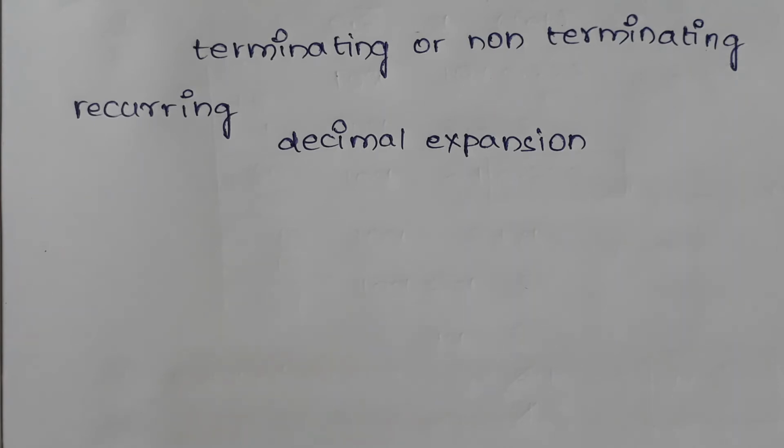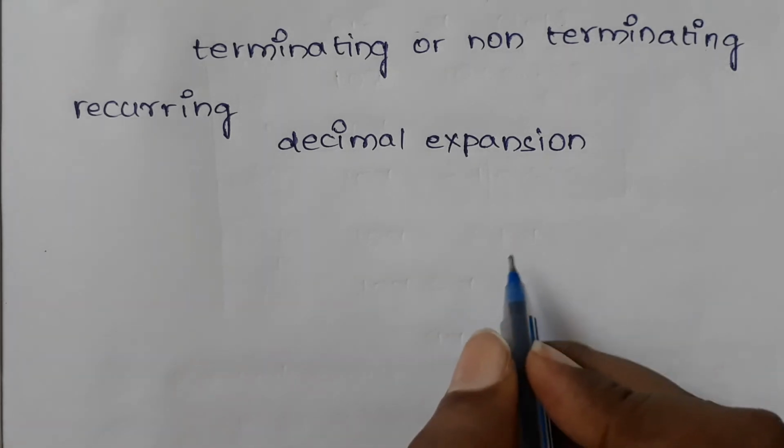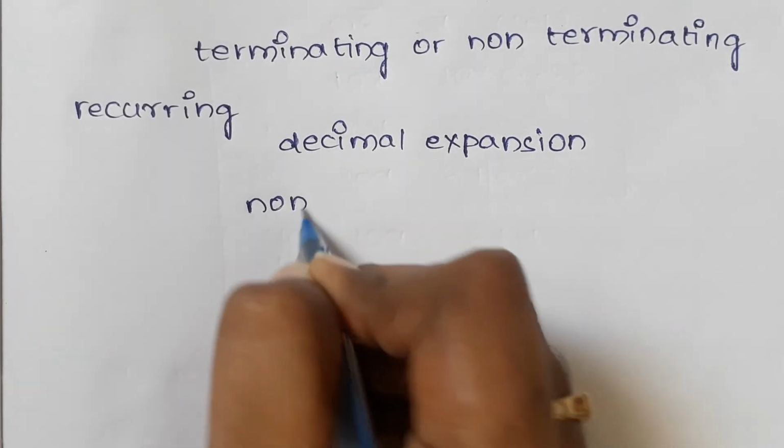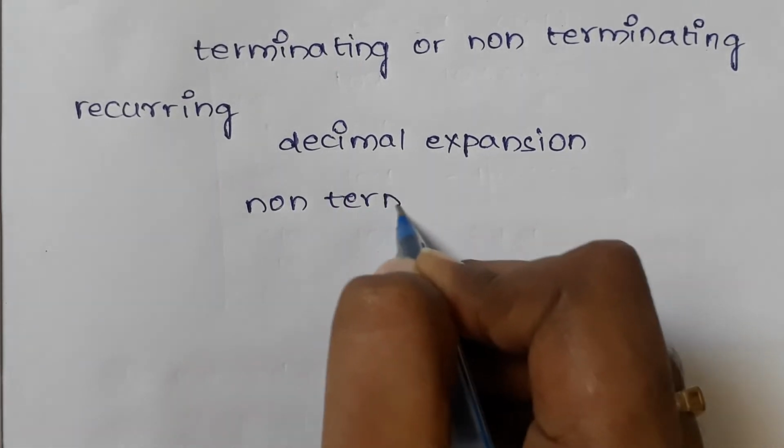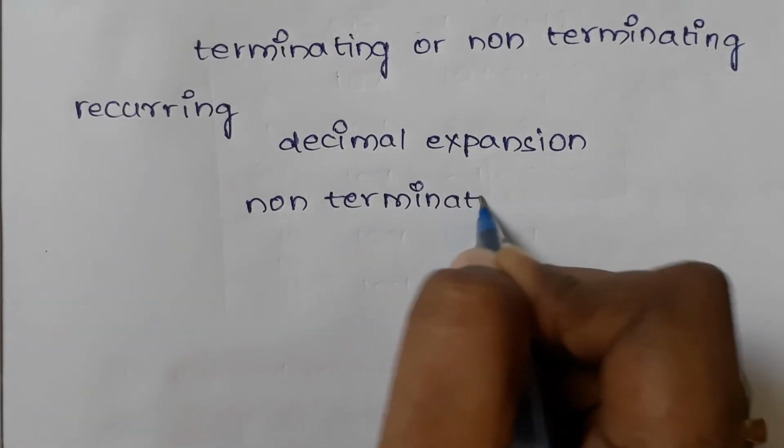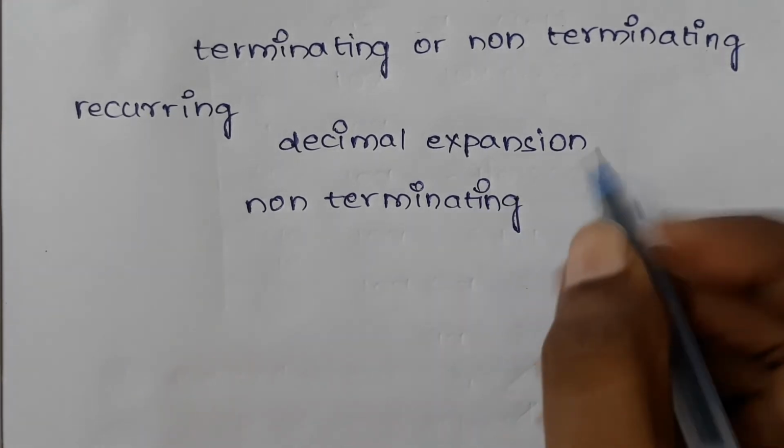Moreover, from this we can say that a number whose decimal expansion is non-terminating, non-recurring is nothing but an irrational number.